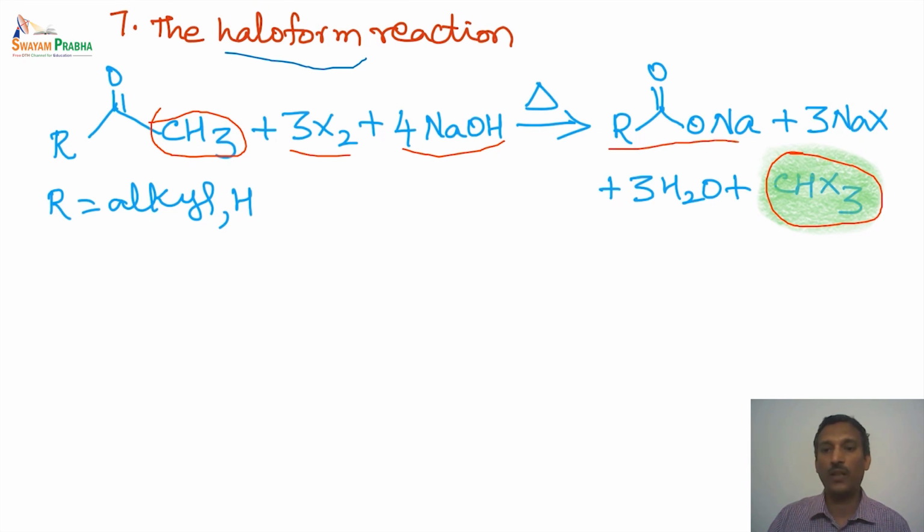Correspondingly, the sodium salt of the carboxylic acid is also formed in that reaction. The other products include sodium halides and water. So in this reaction, the methyl group is the only thing which gets converted into CHX3. So this reaction is applicable only for the formation of methyl derivatives.